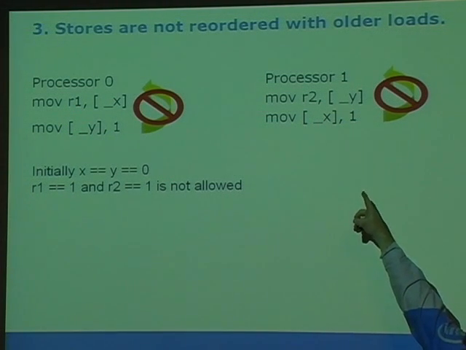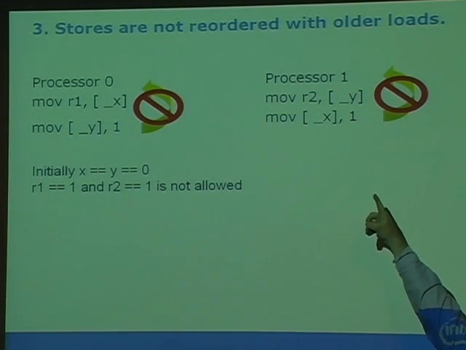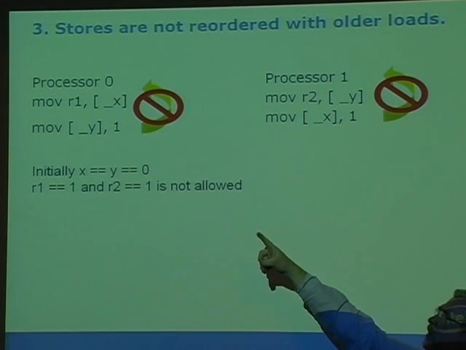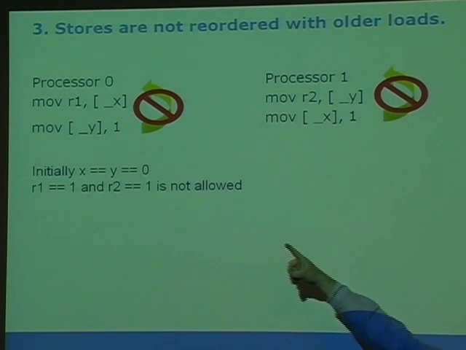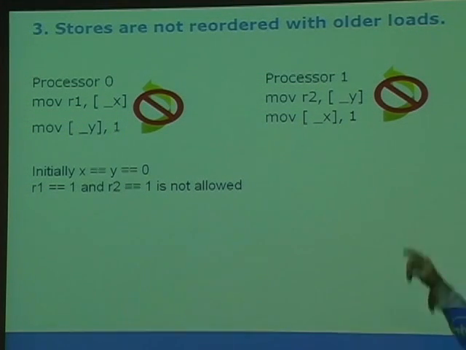And if this move has already happened, then the load above it has already happened. And if the load above it has already happened, then the store over here has not happened. So you end up having either processor 1 happening before processor 2, or at least the store and the load, and that forces the other one not to happen.